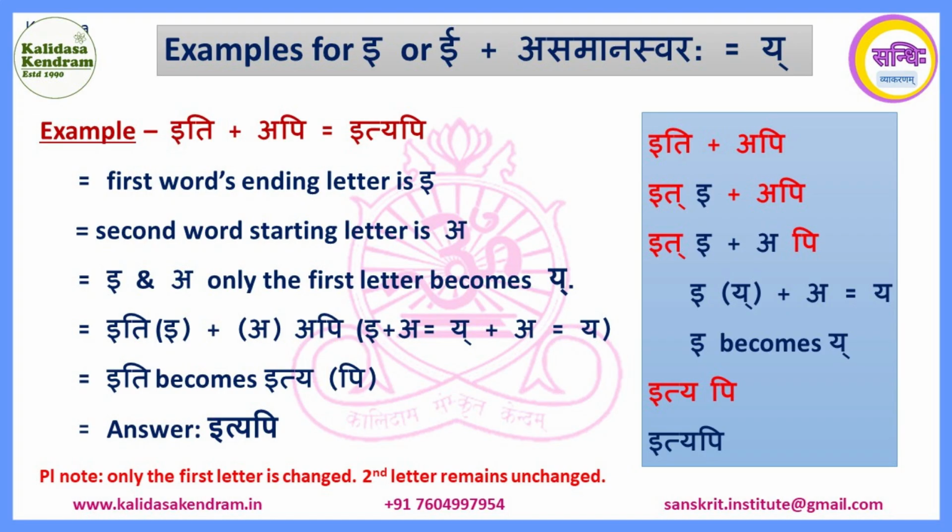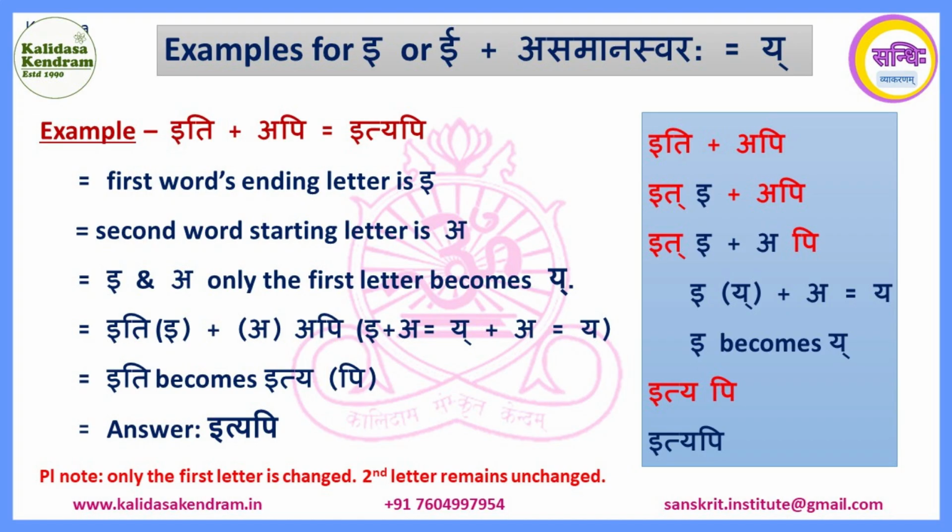Examples for the first rule. I or Ee plus asamana swaraha. Then the first letter I or Ee becomes Ya. Example. Iti plus api becomes ityapi. First word's ending letter is I. Second word's starting letter is A. I plus A. Now only the first letter becomes Ya.